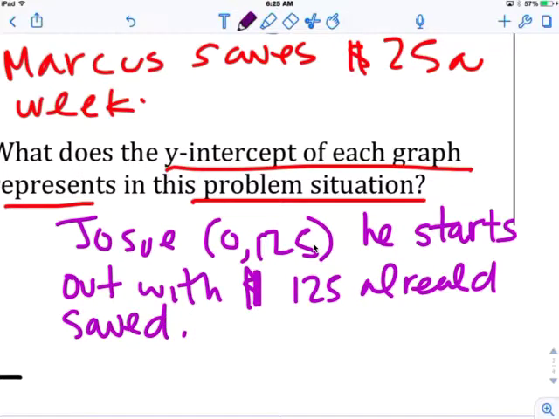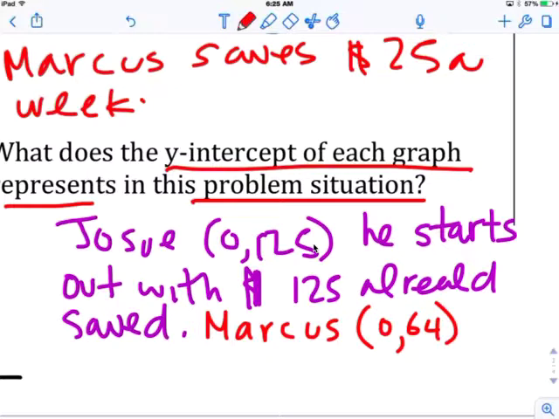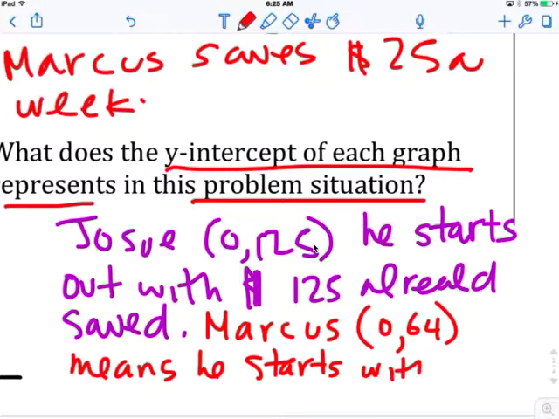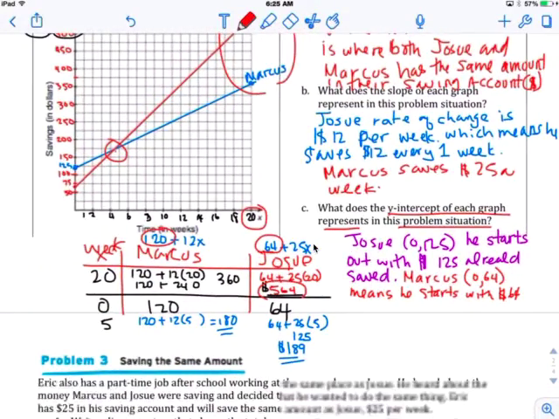And Marcus, 0, 64 means $64 before he starts saving.